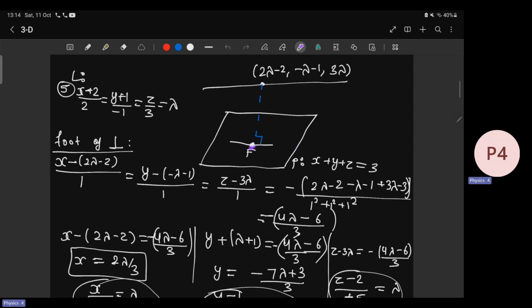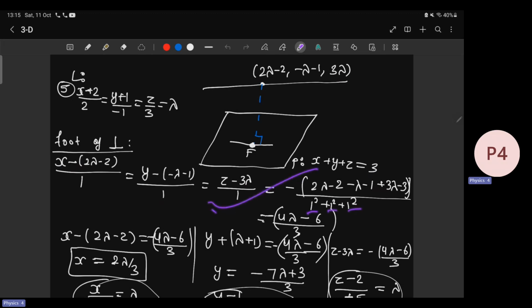So we can write (x minus x1) upon a, where a is the coefficient of x in the plane, (y minus y1) upon a2 and (z minus z1) upon a3 equals minus (ax1 plus by1 plus cz1 minus 3), that is, (2 lambda minus 2) into 1 plus (minus lambda minus 1) into 1 plus 3 lambda into 1 minus 3, upon a square plus b square plus c square.